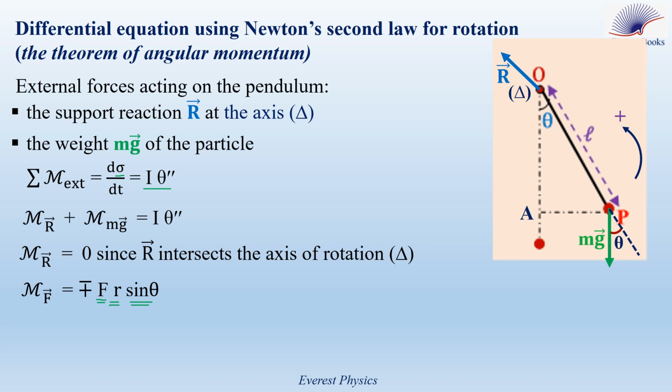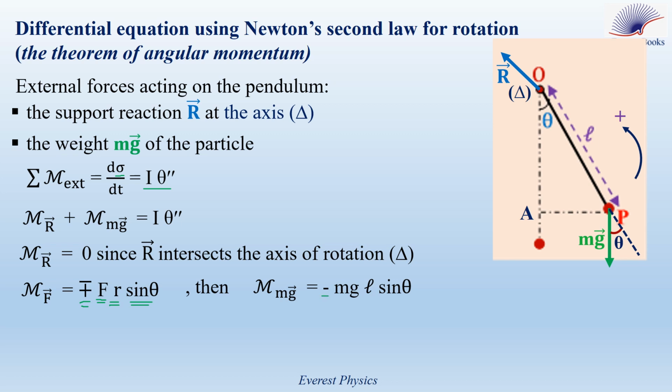Now, we have a plus or minus depending on whether the force tends to rotate the system in the chosen positive sense or opposite to the chosen positive sense. So let's move to our example. We want to determine the expression of the moment of the weight about this axis of rotation.